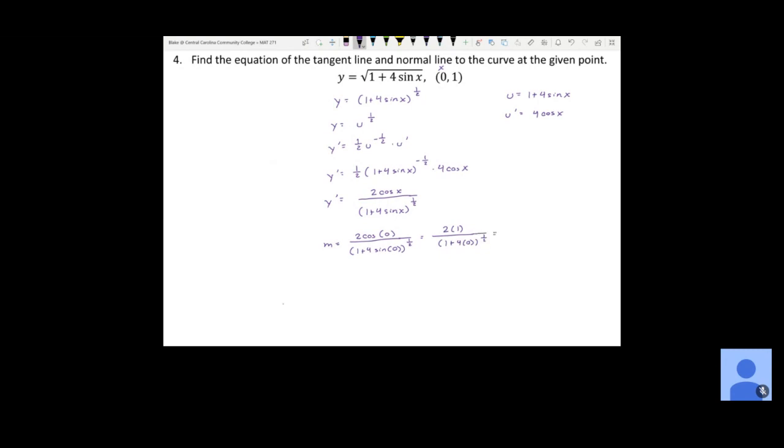So really, that's just 1 to the 1/2. So the denominator is what? Just 1, because that's the square root of 1. 2 times 1 up top is going to give us 2. And now 2 over 1 gives us a slope of 2. So this is our slope of our tangent line now.